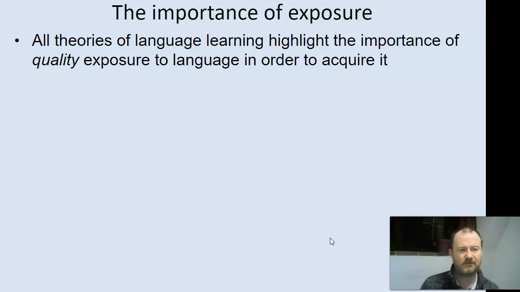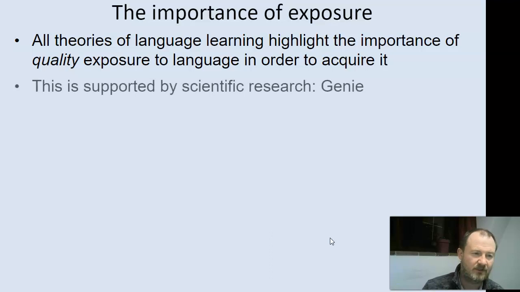But nativism highlights the importance of exposure, as do the other theories of language learning that we've looked at. Without exposure, you will not acquire a language. And the example that I'm going to show you very quickly is Genie.